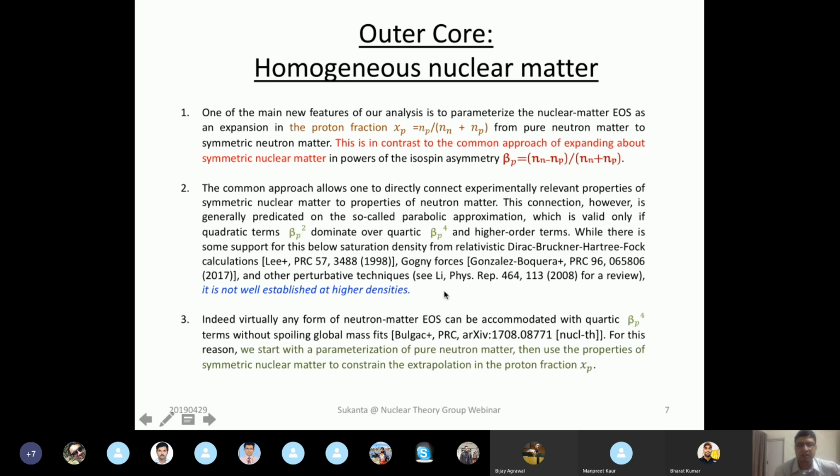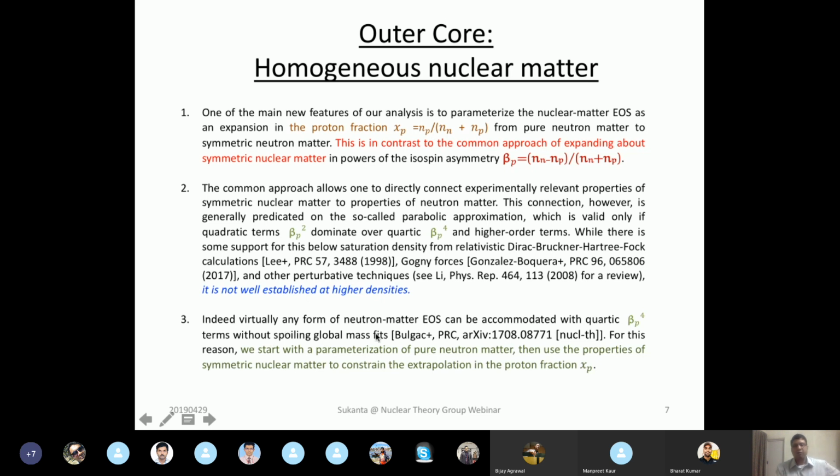The problem, however, is that the validity of this parabolic approximation is not established at densities at or higher than nuclear saturation density. But as you saw in figure 1 a few slides ago, depending on the mass of the neutron star, the outer core may already harbor densities around the nuclear saturation density. So that is why we chose to do a different parameterization of the matter there.